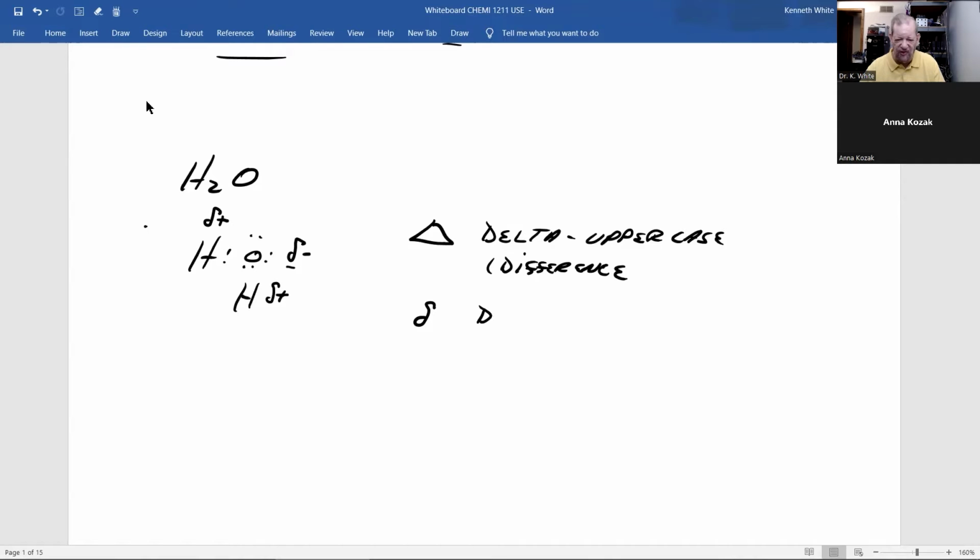And this is also delta, but lowercase, and this means little difference or slight difference.